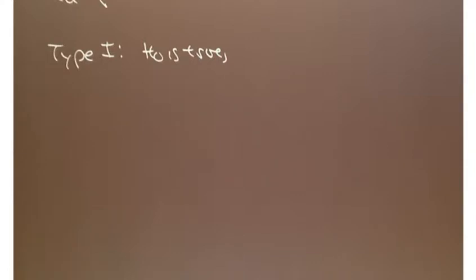Okay, one last thing before we wrap it up, and that is type 1 and type 2 errors. So let me remind you a bit about those, and I'll try and say it in as simple terms as I can. A type 1 error: H0 is true, but the data reject that claim.